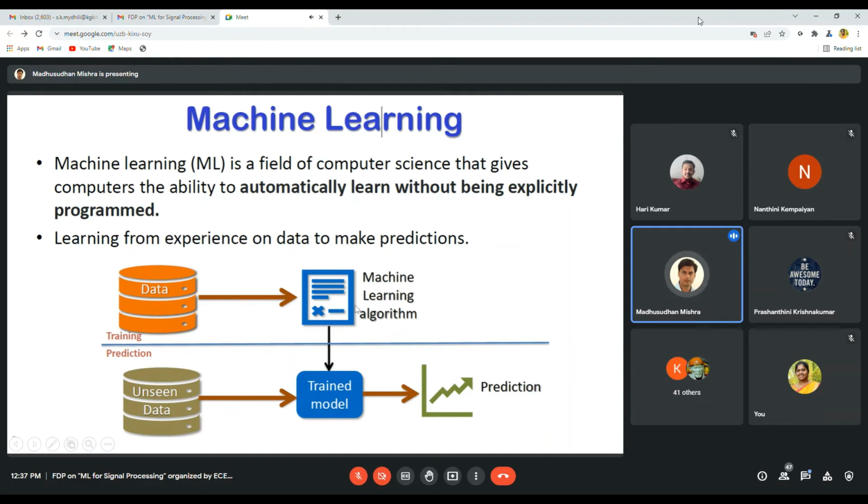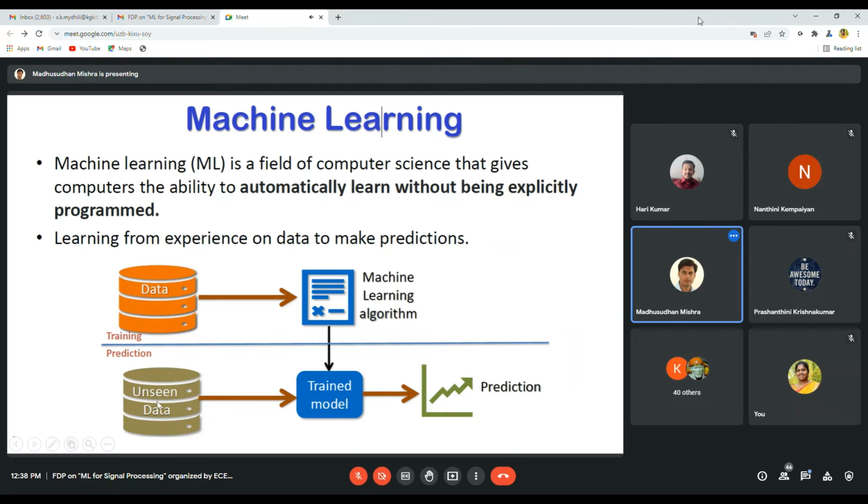Now with the help of this machine learning algorithm, it will learn and develop two separate models, that if these characteristics are there, these are abnormal signals, meaning the person is suffering from cardiac abnormalities, and if certain other characteristics are there, then it's normal data.